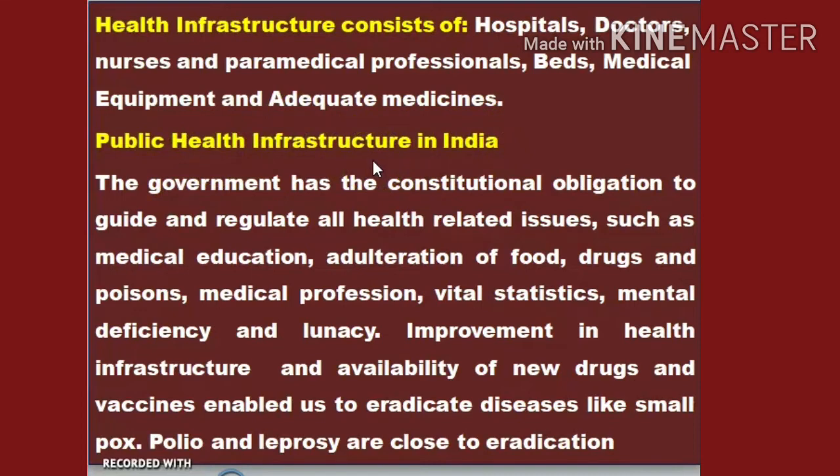Government functioning under public health is known as public health infrastructure, and the government has the constitutional obligation to guide and regulate all health related issues such as medical education, adulteration of food, drugs and poison, medical profession, vital statistics, mental deficiency and lunacy, and improvement in health infrastructure.